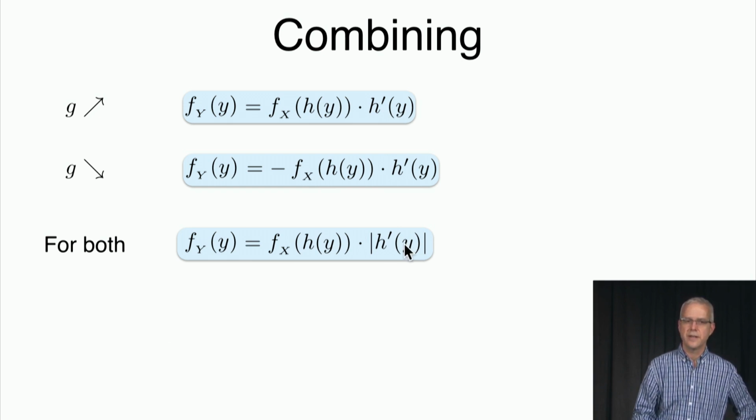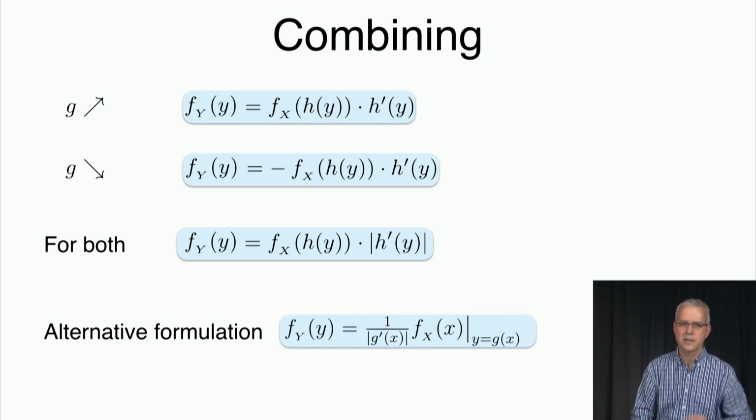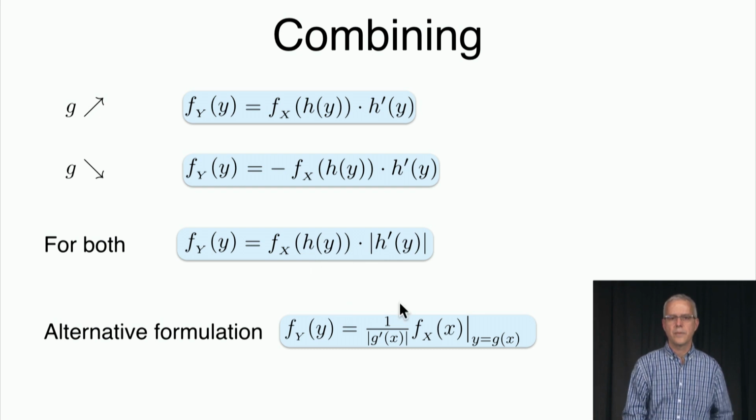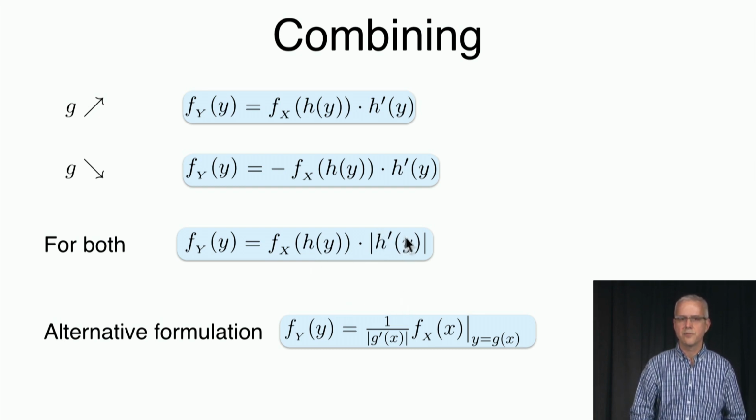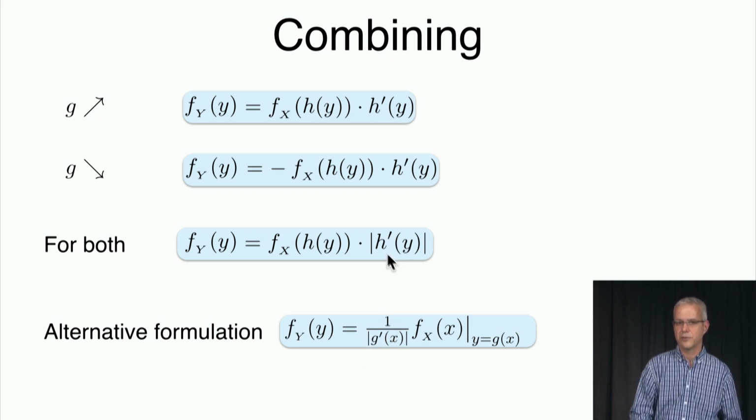Another formulation that is sometimes more useful is to write f_Y of y differently. Remember, h of y is g inverse of y, and this is its derivative. You can write it as 1 over the derivative of g of x, instead of the derivative of g inverse of y.